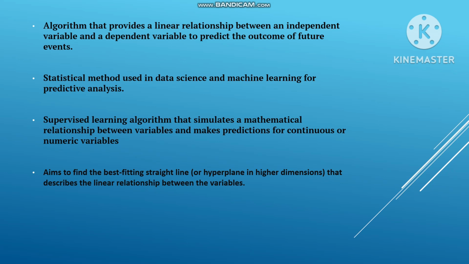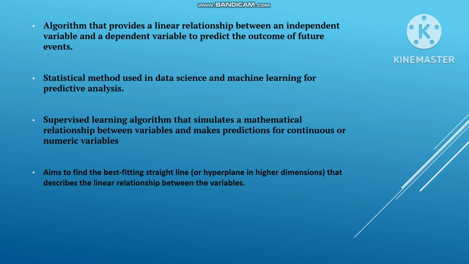Okay, so it is a supervised learning algorithm that models a mathematical relationship between variables and makes predictions for continuous or numeric variables. Supervised learning algorithm means, consider the same example: the profit, loss, number of employees, and number of customers, all these data will be given, and for this particular data the output will also be given.